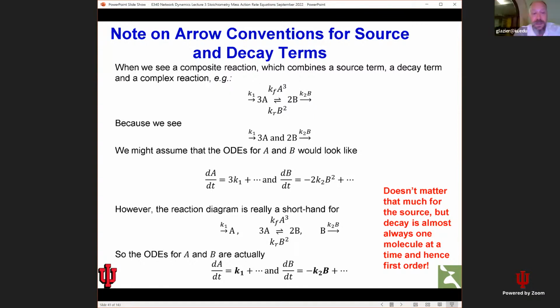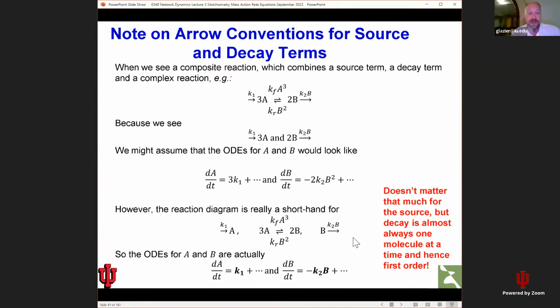However, what's happening here is that when I write this clustered set of reactions, K1 goes to 3A, and 2B goes to K2 times B. Let's do the decay one first. 2B doesn't decay to nothing. B decays to nothing one molecule at a time, because 2B is not a molecule. It's just two independent molecules of B.